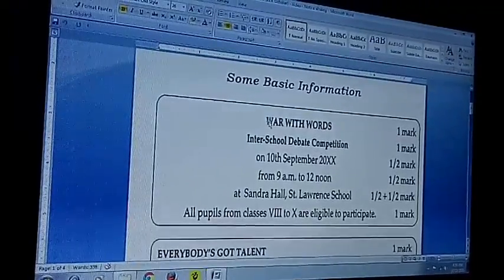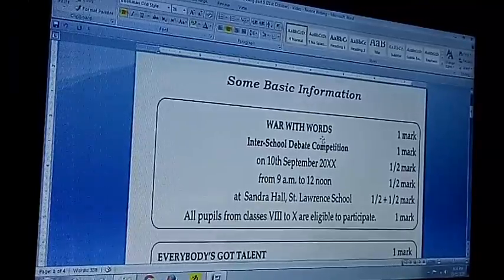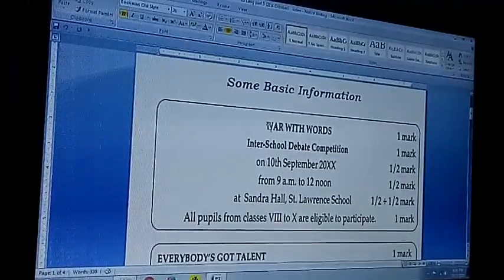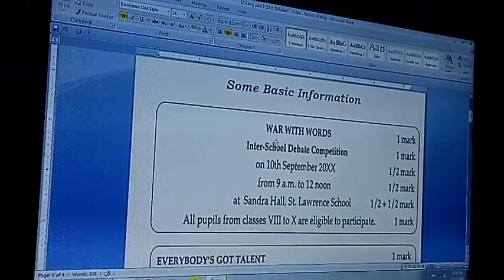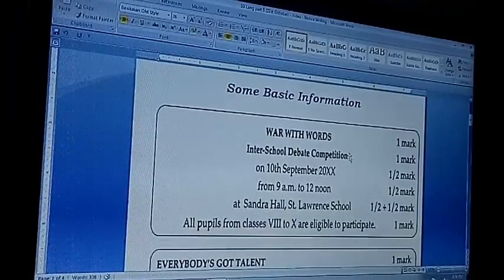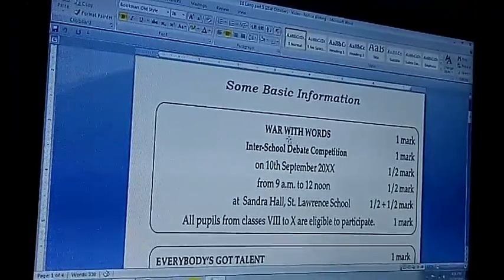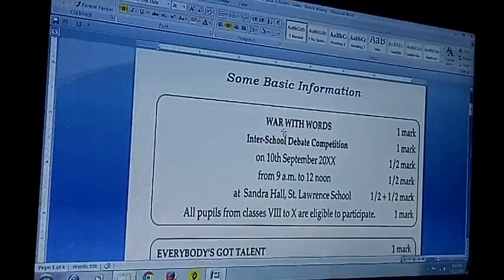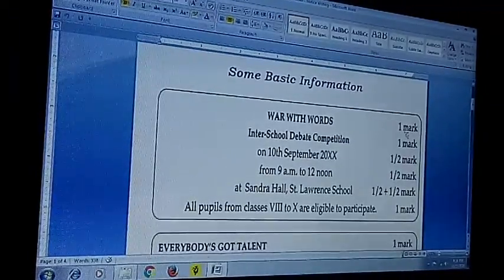The first line, whatever the topic is, has to be written in a creative title manner. Here the topic was a debate competition, and in the sample example they have given "War with Words", which has got 1 full mark.